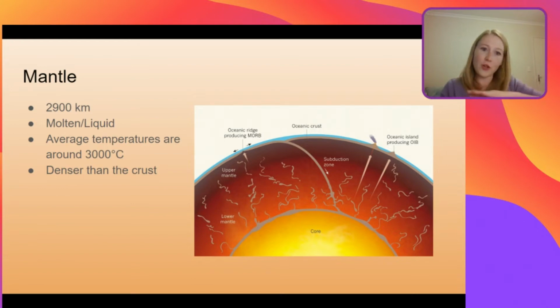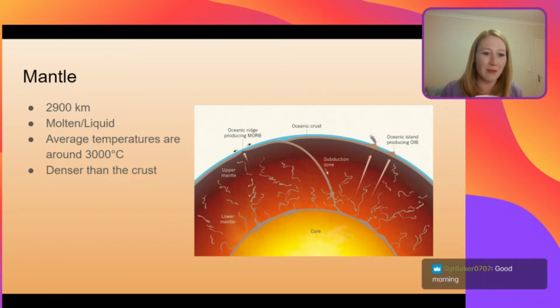The crust is floating on top of it. You can kind of think of it like ice on water. The crust is not really containing it, it's just chilling on top. We have to think about it that way: a few kilometers under you are thousands and thousands of bubbling magma.